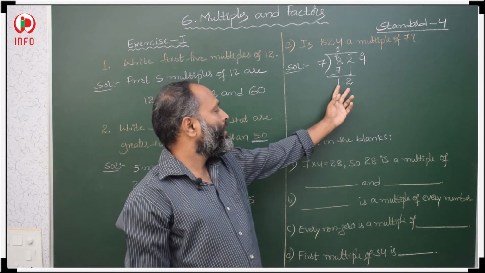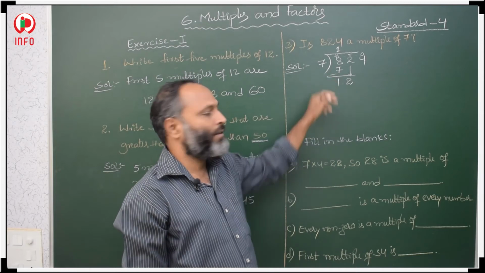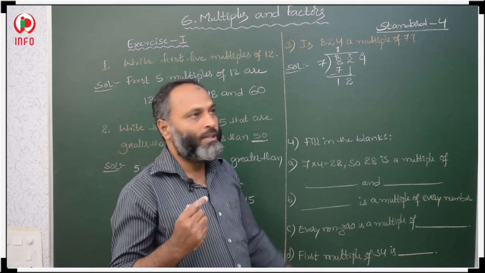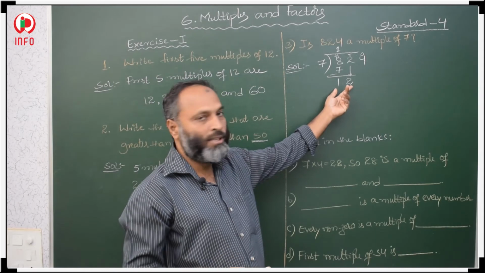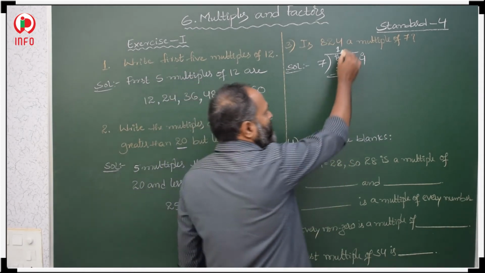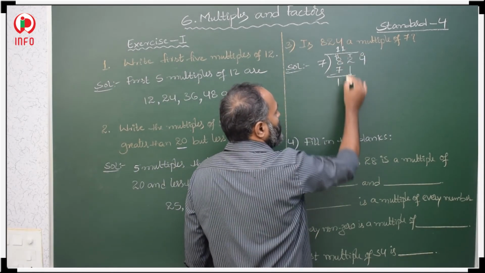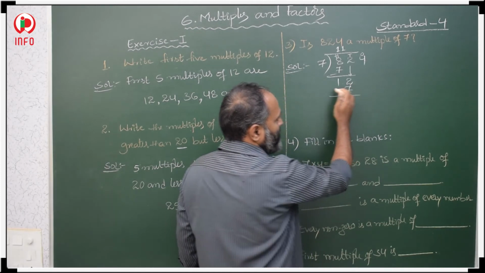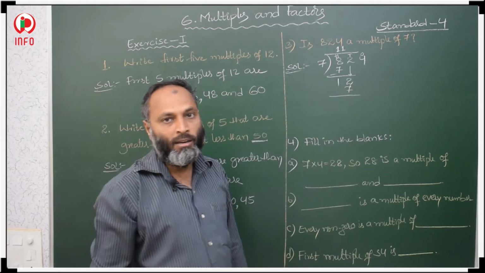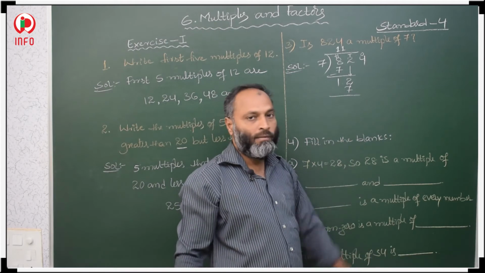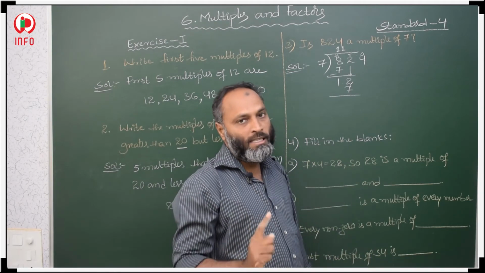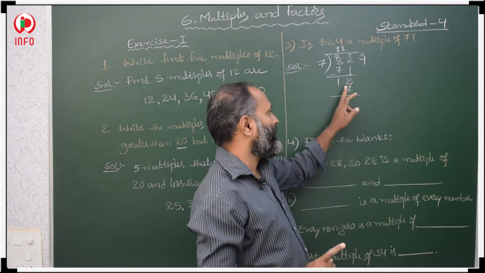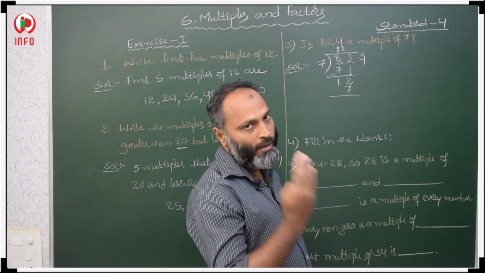Now you check, 12 in 7, 7 ones are 7, 7 twos are 14, 14 is more than this. So 7 ones are 7 we have to write in ones place, not in tens place. Why? Because 7 is a single digit number, that single digit number we have to start from the right place.